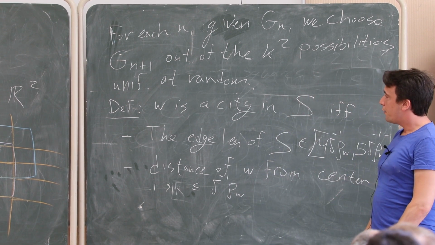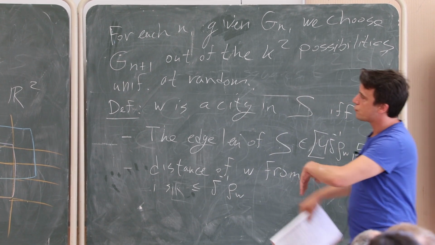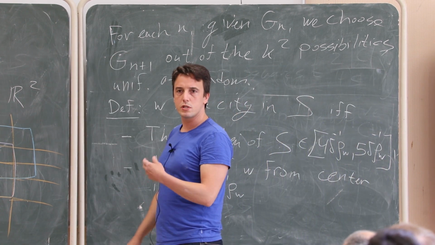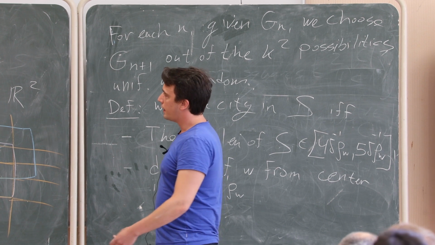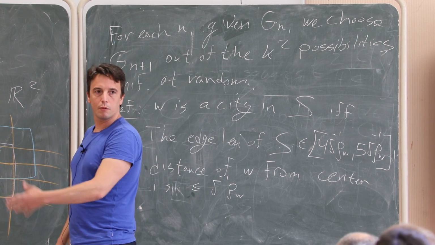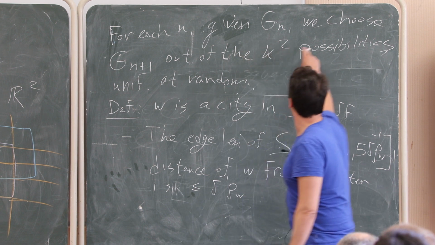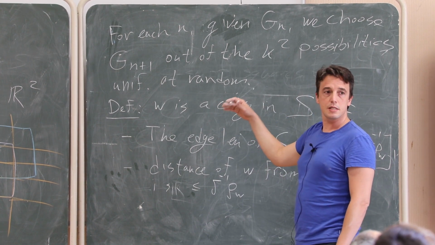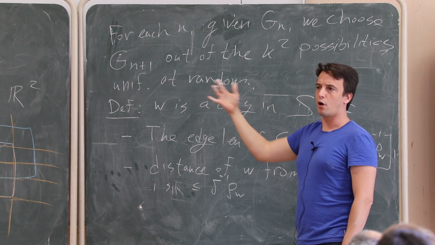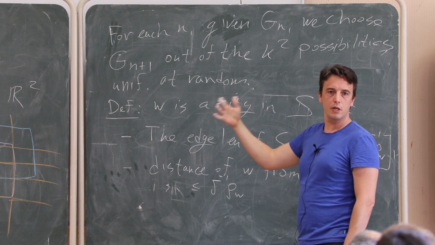So the only thing that all of this randomness in the choice of square was used for is the following fact that we will observe: if I take some point W, the probability that it is a city has to be a good probability. And how good is it going to be? It's going to be good.